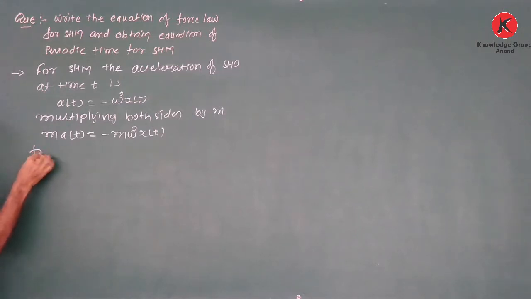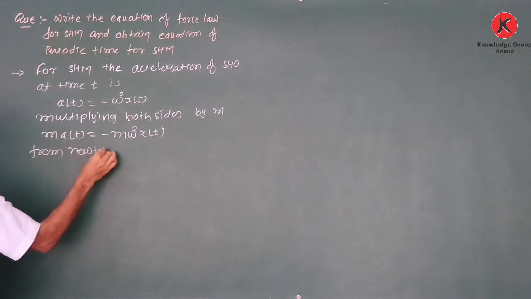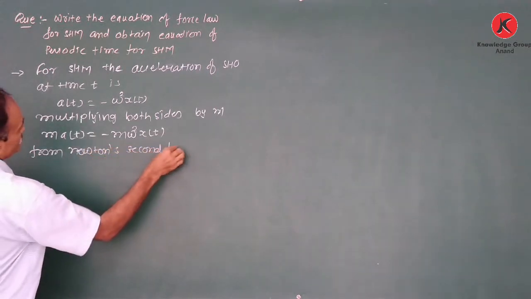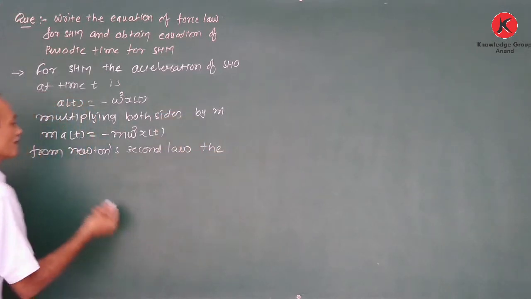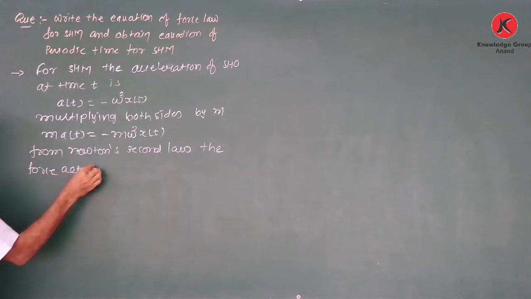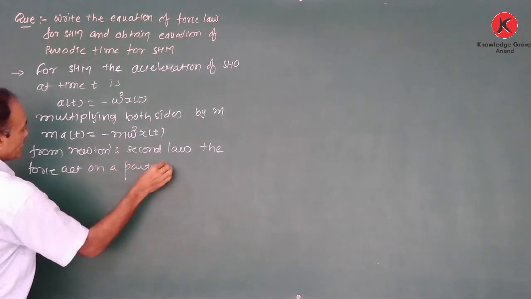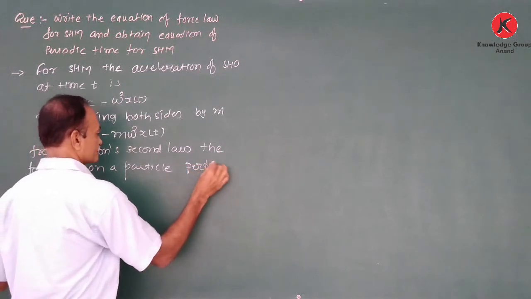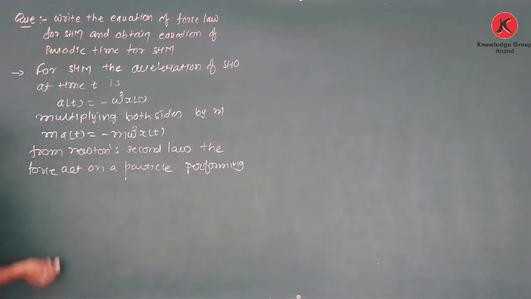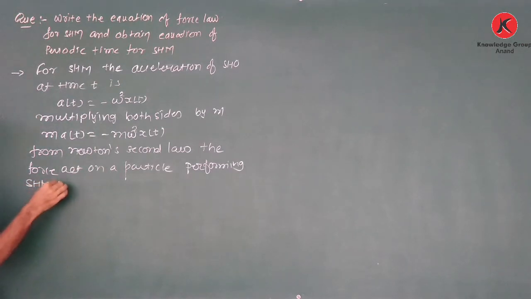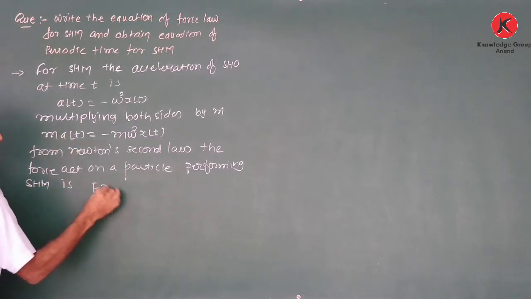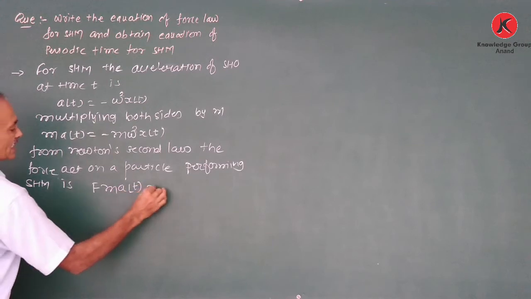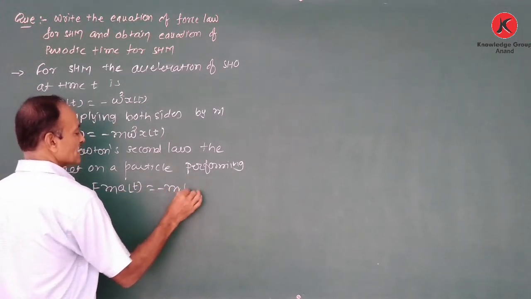Right? From Newton's second law, the force acting on a particle performing simple harmonic motion is F is equal to m into a(t), is equal to minus m ω² x(t).